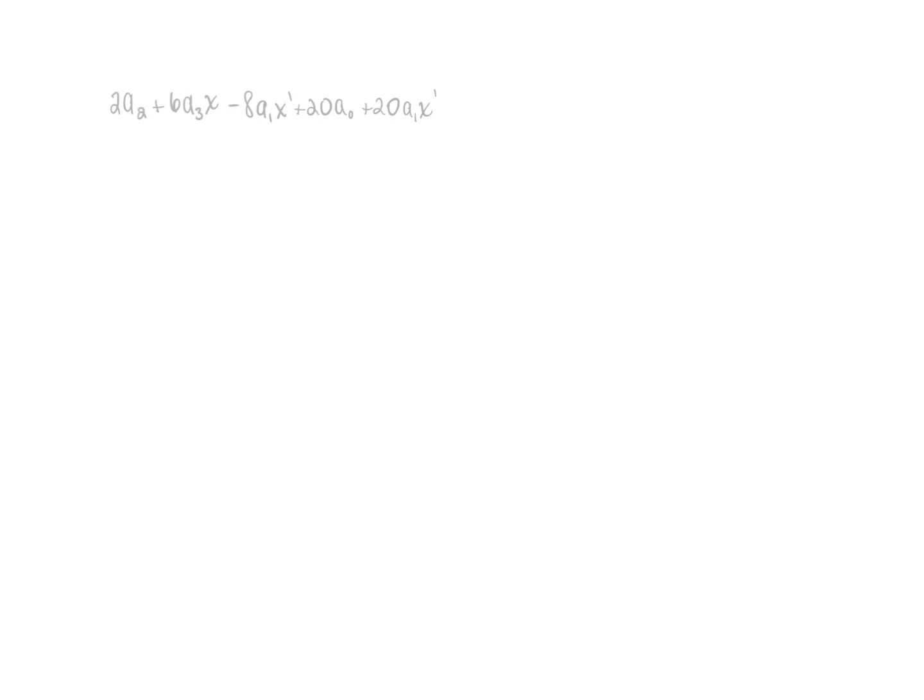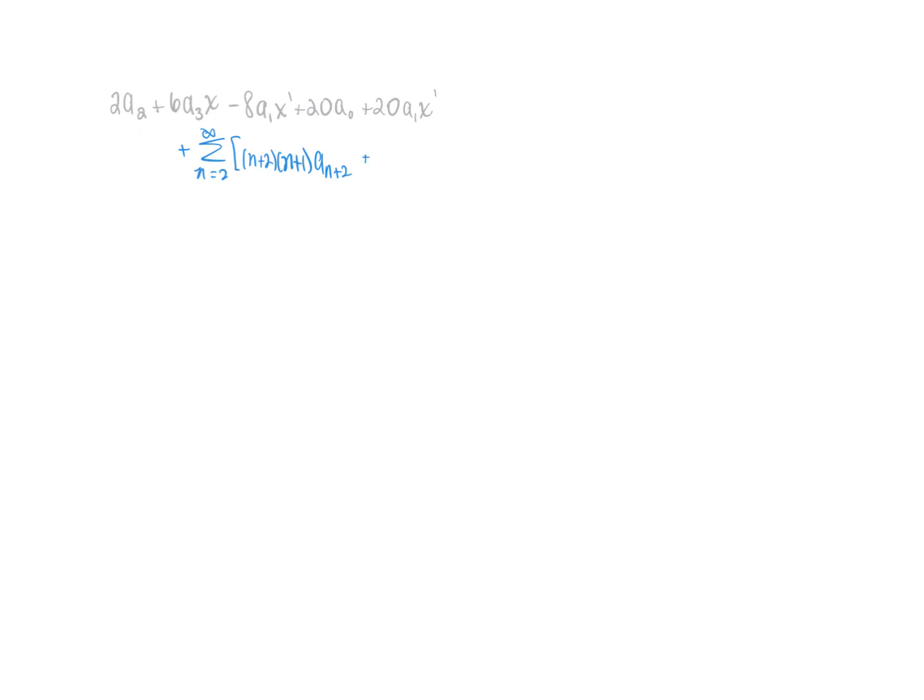So I'm going to have to write this probably below here, or it's going to spill onto the next line. So we're going to say plus our sum now from n equals 2 to infinity, and let's put it all together. So we would have n plus 2 times n plus 1, a sub n plus 2, and we don't need the x there, that's going to go in the end. And then we'll add, that's from our first summation.